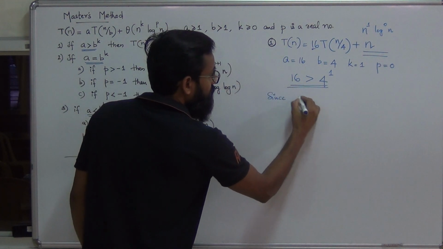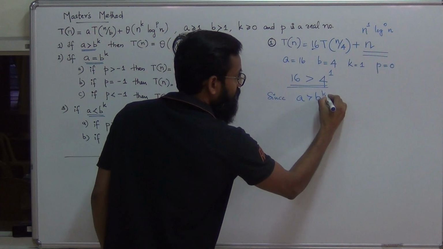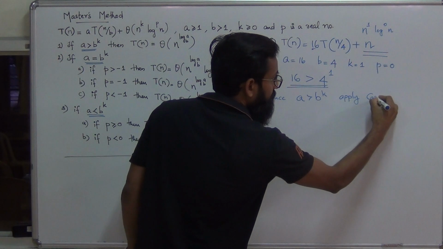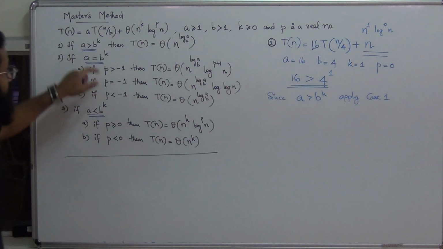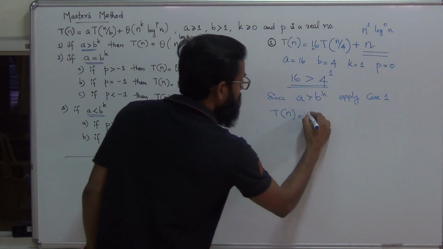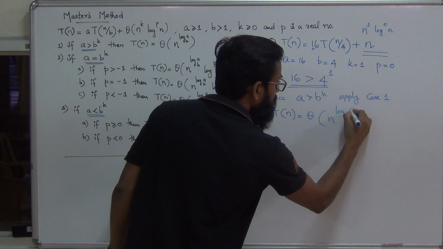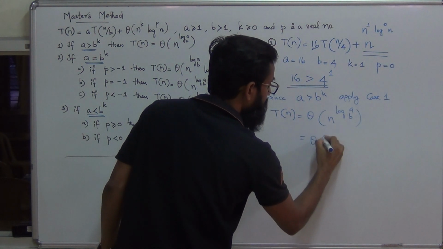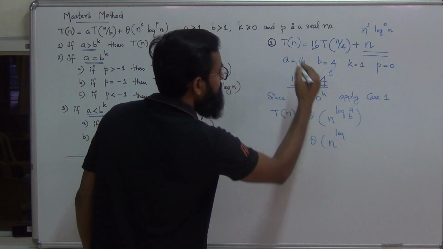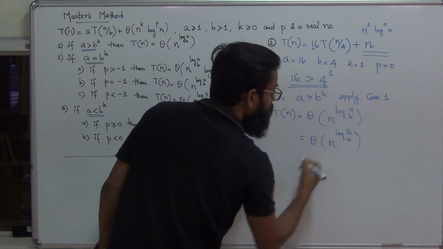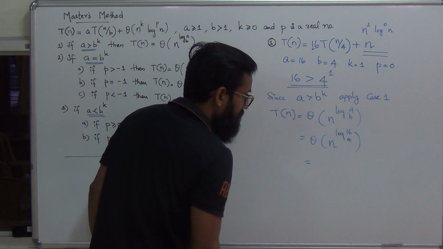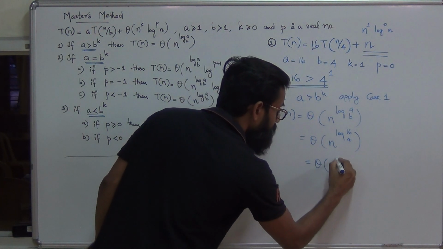Since a is greater than b^k, apply case 1. So the runtime T(n) is equal to Theta(n^(log a to the base b)), that is Theta(n^(log 16 to the base 4)). Log 16 to the base 4 is actually 2, which is Theta(n^2).